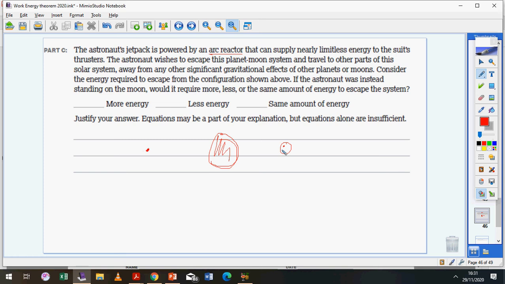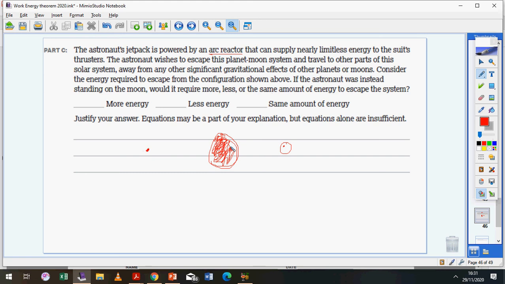If he wanted to escape the gravitational effects of this moon, this planet, and anything else in this solar system, would he require more, less, or the same amount of energy? Let's think about this. If he's going to escape, then the amount of work being done must be greater than... well, let me not jump to the answer immediately.